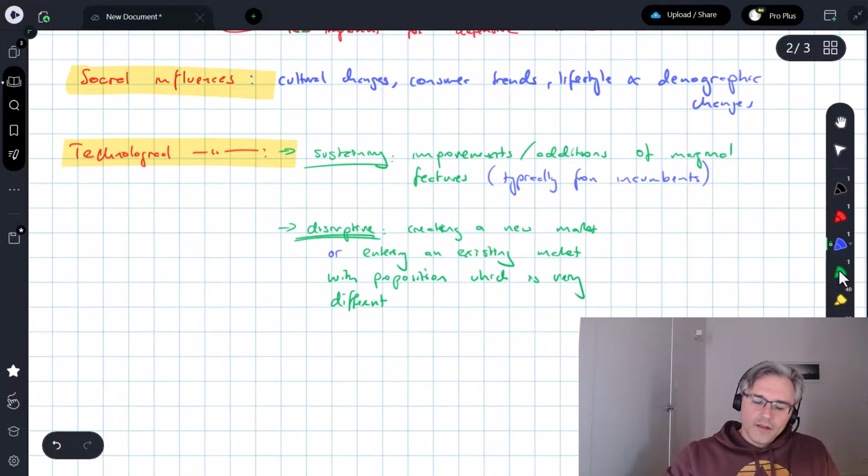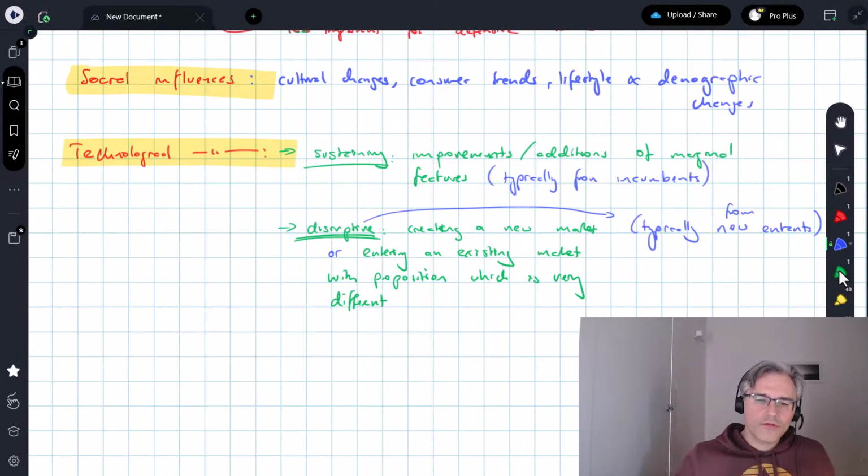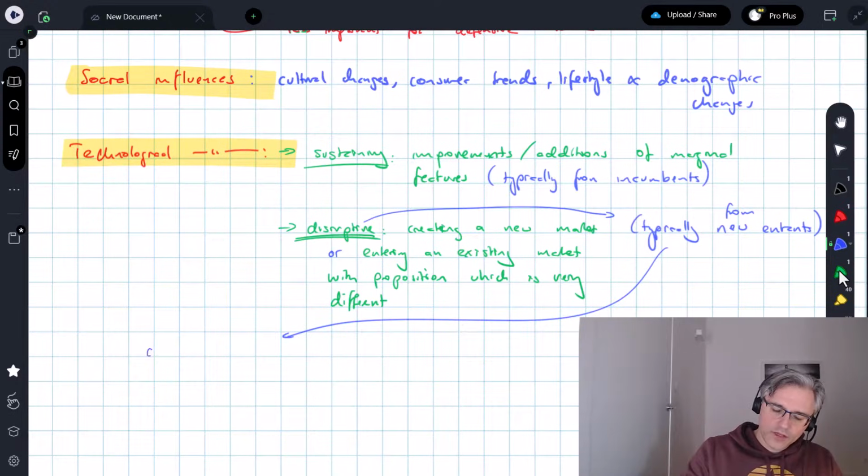Very often, disruptive changes come, or typically come, from new entrants. Why? Because those new entrants do not have existing profits to protect.